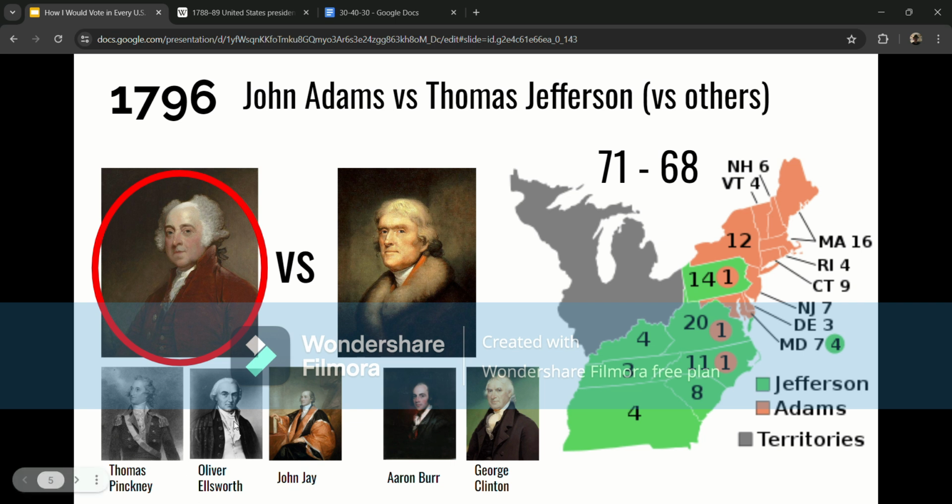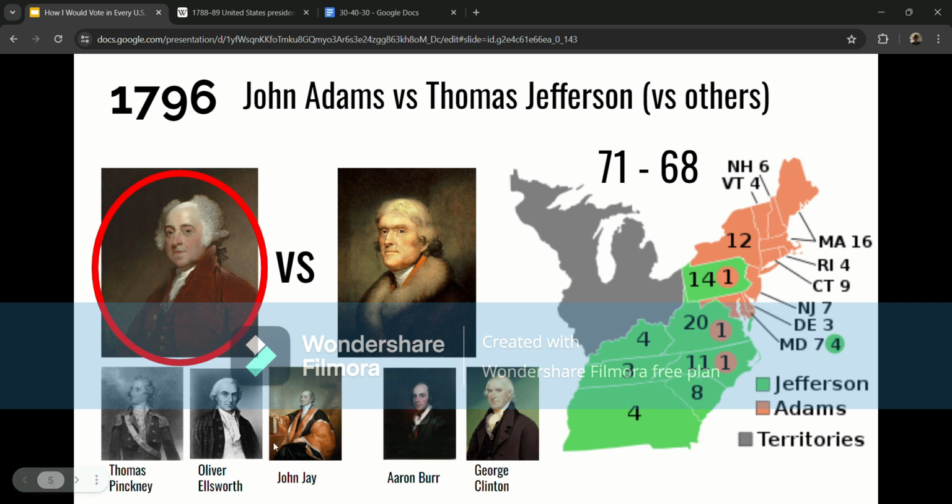Now, when it comes to the vice presidential candidate, these two down. So there's 5 names you can see here: Thomas Pinckney, Oliver Ellsworth, John Jay, and then Aaron Burr and George Clinton. These 3 men underneath Adams's picture were Federalists, and these 2 down here were Democratic Republicans.